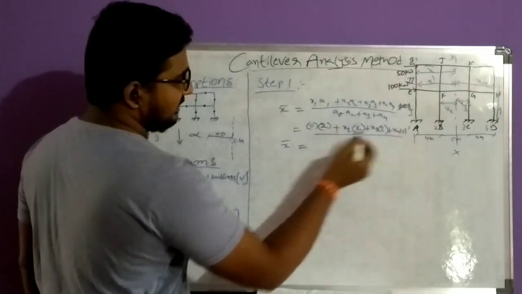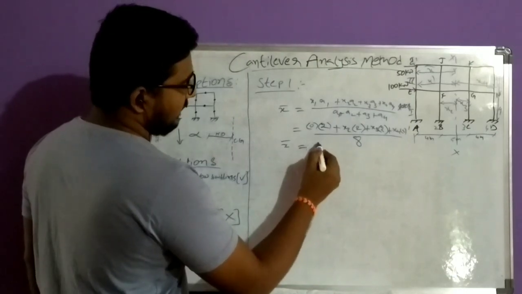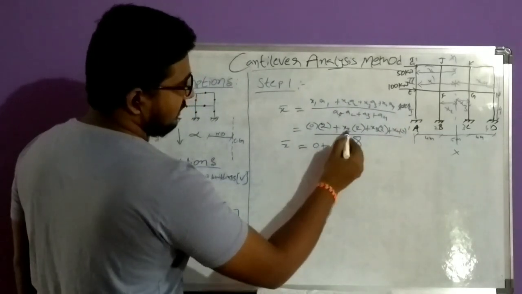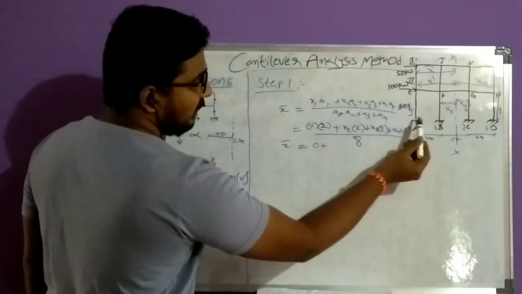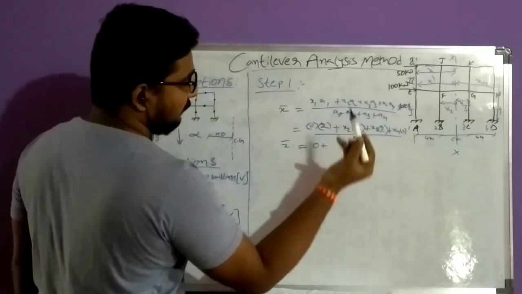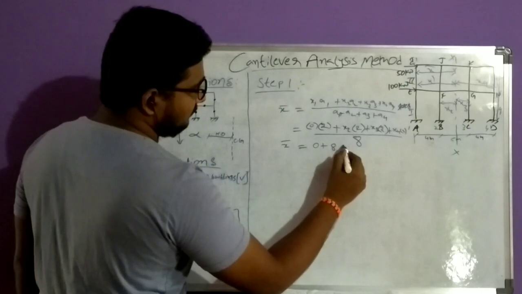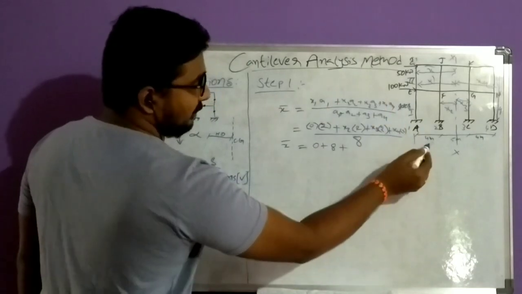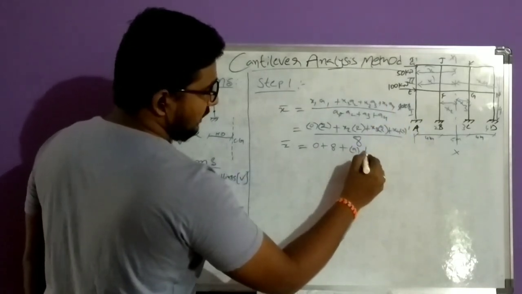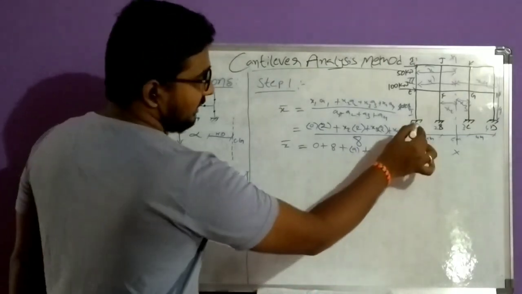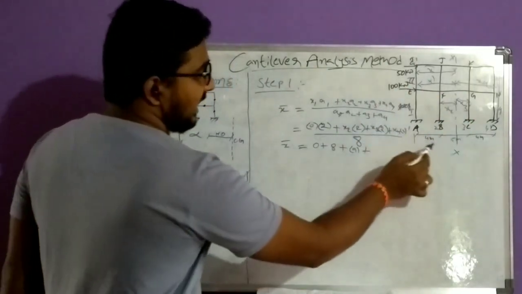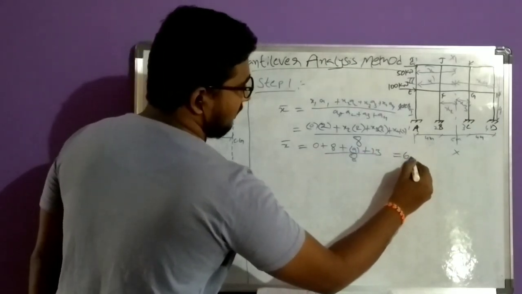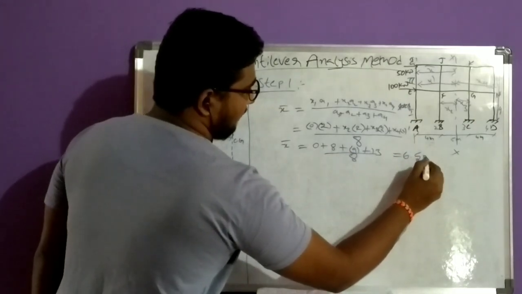So we know the values of x1, x2, x3 also. This is 0, and coming to x2, this is the distance between columns, which is 4 meters. So 0 plus x2, the distance between the second column and the reference line, means this base space, 4 meters. 4 into 2 is 8, plus x3, the horizontal distance between the third column and the reference line, which is nothing but 4 plus 5, 9, plus x4, the horizontal distance between the reference line and the fourth column, which is nothing but 9 plus 4, 13, whole divided by 8, which is nothing but 6.5 meters.